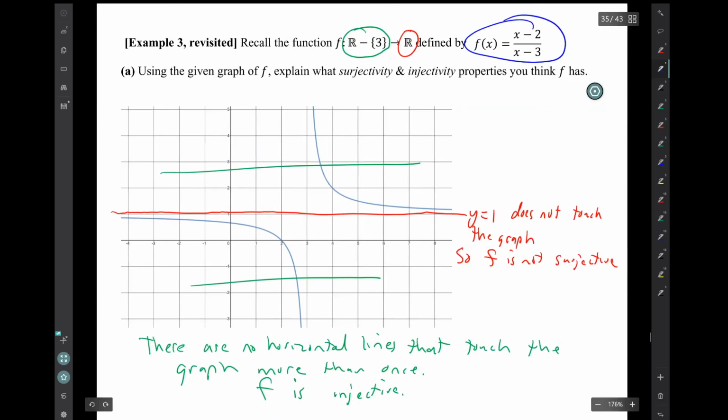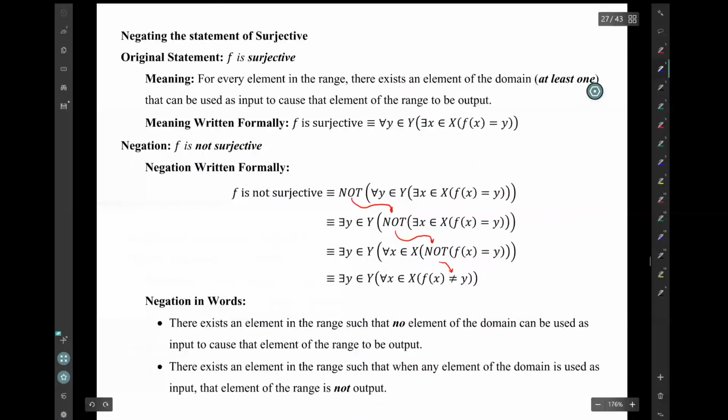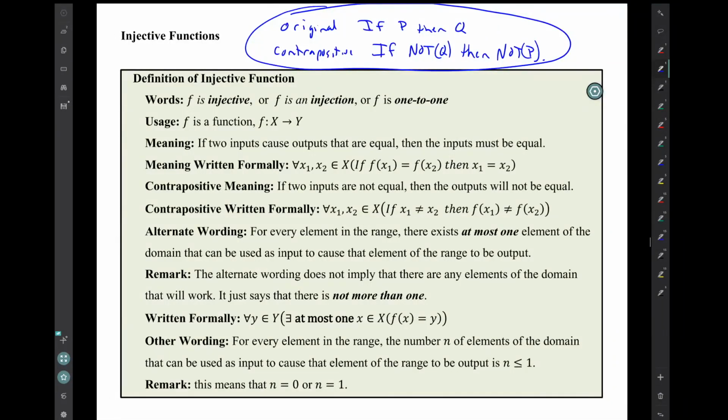Now, we can see that the function f is injective. Now, how do we prove that? For that, we have to go back up and look at the definition of injectivity again. To say that f is injective means this universal statement and this universal statement.